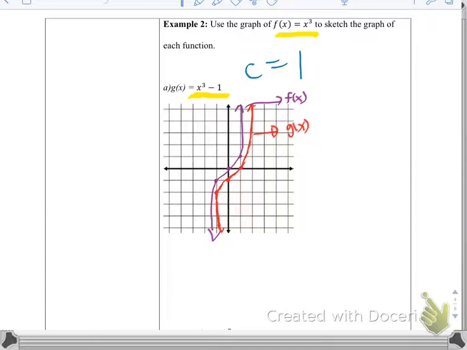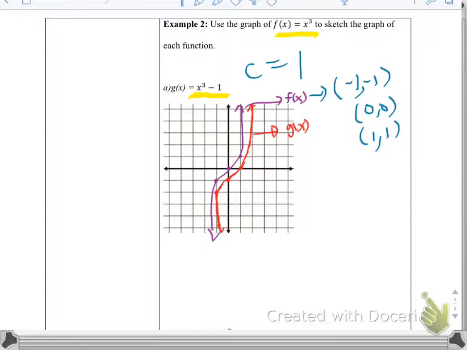So the parent graph is in purple. So what I did was, again, it's good to know 3 points on your parent graph. So on my parent graph, I plotted using the points (-1, -1), (0, 0), and (1, 1). All right, and here's another reason why it could be helpful to plot some points on your parent graph.